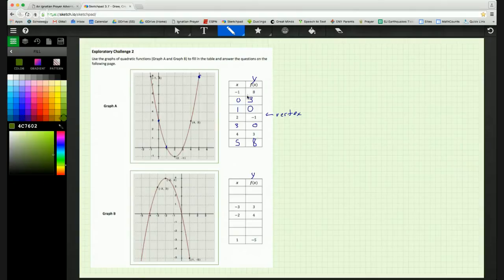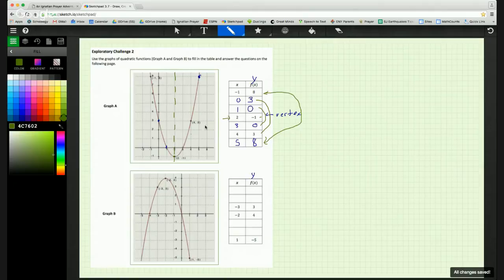Now, see if you can notice something interesting about this pattern of our y's. For those of you who noticed, you have this kind of symmetric pattern: 8 and 8, 3 and 3, and 0 and 0, and then -1. Why is that true? Well, if I take my axis of symmetry, I'm going to have my middle point at 2, -1.